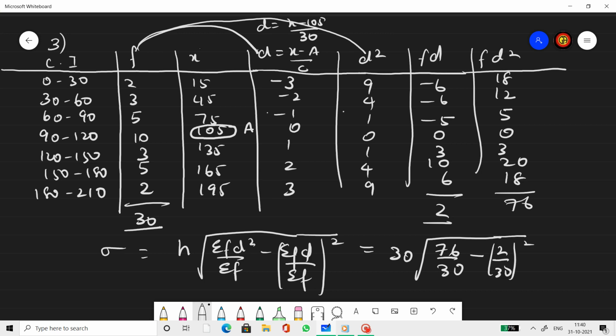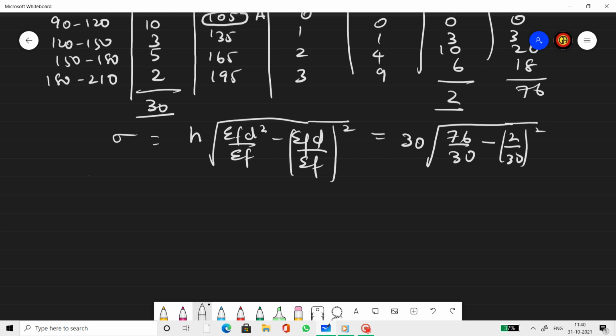So this way we get the standard deviation value, which, if you work out, you will find as 47.71 approx.